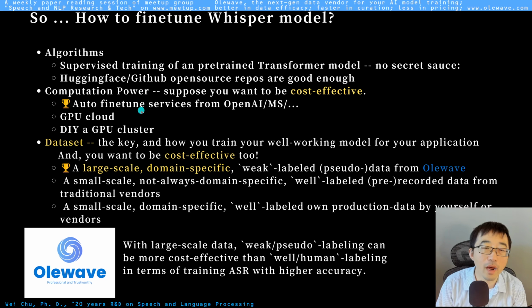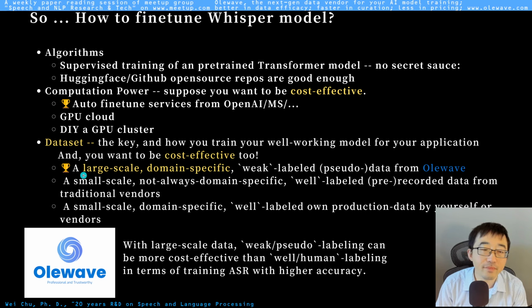And computational power wise, GPUs are GPUs, although they're different, they always get roughly the same result, except if you have a lot of H100s, so you can use a very, very large batch size. Then your result might be better than others, but not by very much. So in the end, what distinguishes you from the others, or makes your model fit your application, is your data, and that's the key.